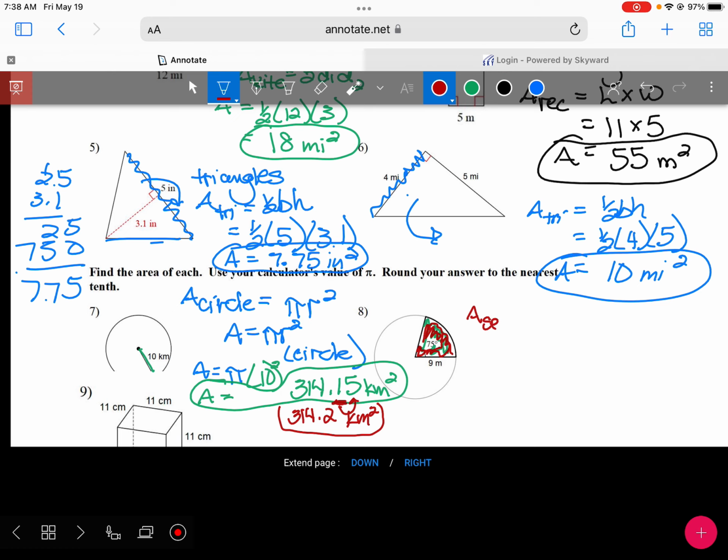So the area of a sector is equal to the degrees or the angle divided by 360, because there's 360 degrees in a circle, times pi r squared.